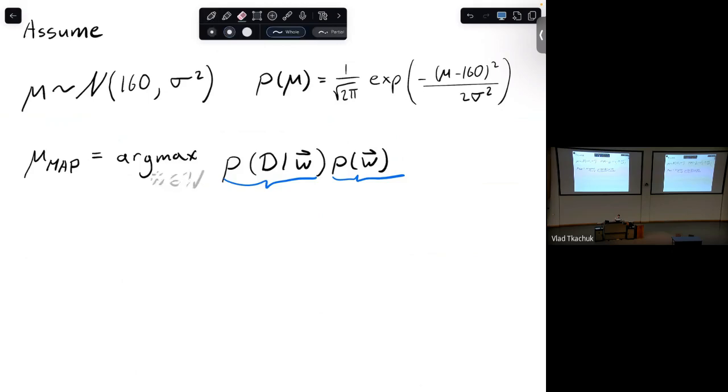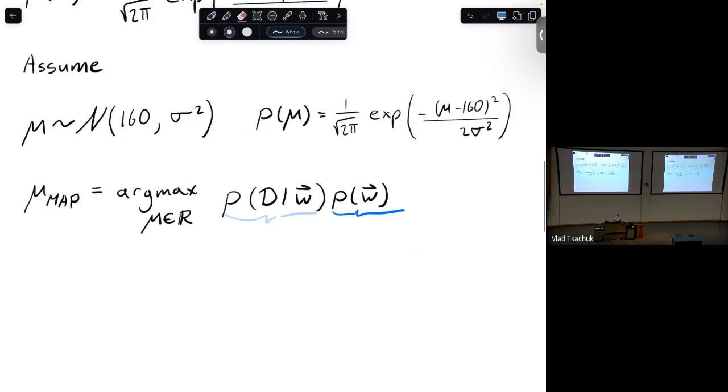Mu can be any real number, of course, the mean can be any real number. And this is now not for w, but for mu, just a single number.